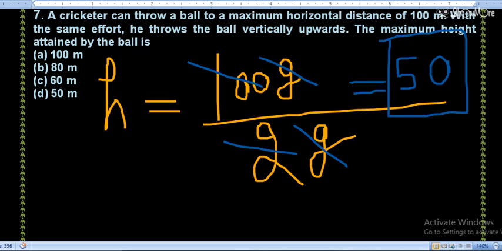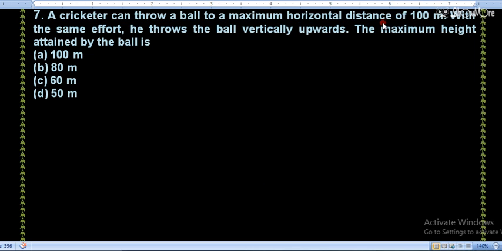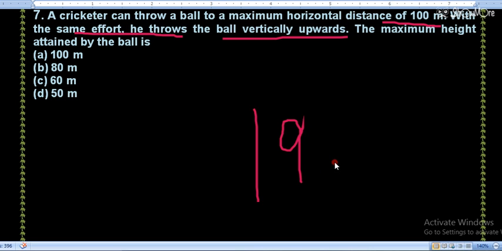So now see the solution. See the question again once. He is saying a cricketer can throw a ball to a maximum horizontal distance of 100 meter. So for the 100 meter distance we have to take the maximum horizontal distance, so we have to take theta equal to 45 degree. With the same effort he throws the ball vertically upward, so in this case the angle will be equal to 90 degree.